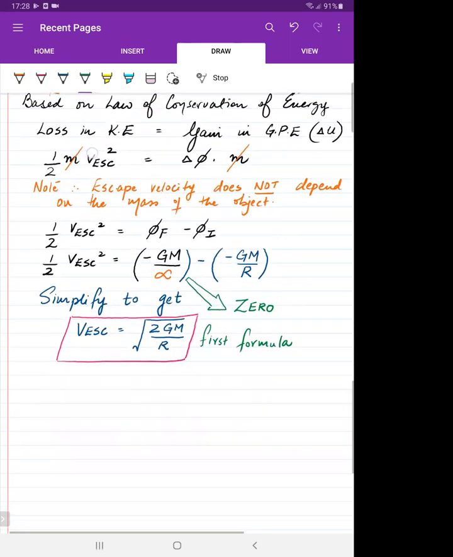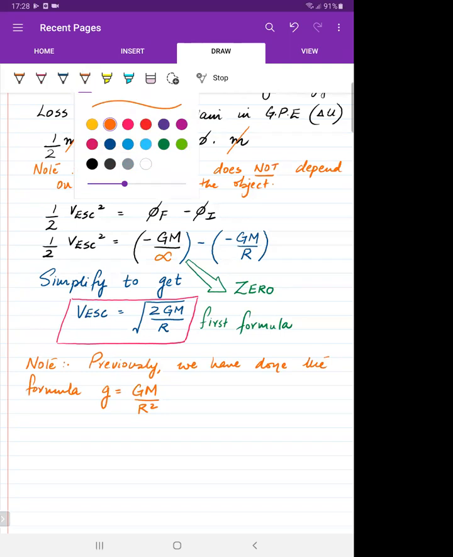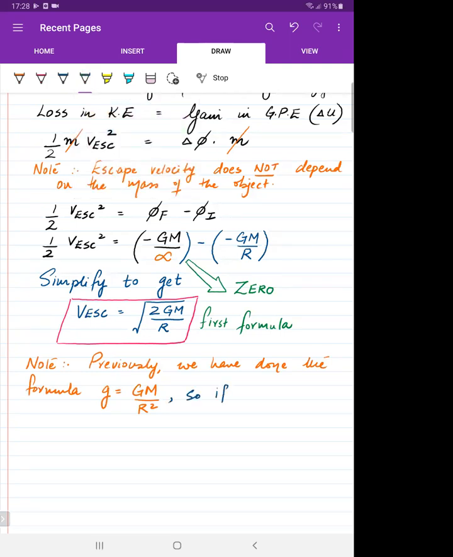Now also recall कि previously we have done the formula g is equal to GM upon r square. So if we make GM the subject, we will get GM is equal to g r square.